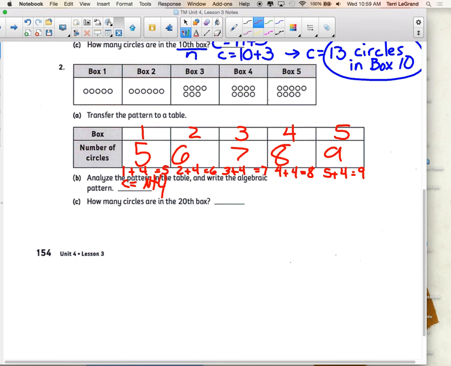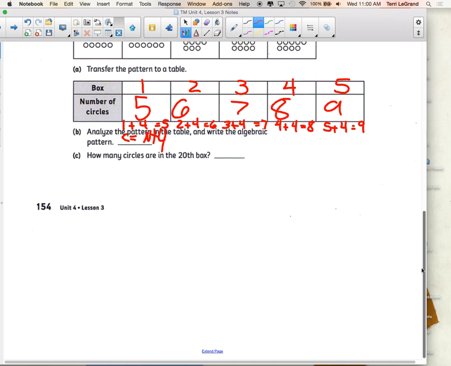Okay, go ahead and find out how many circles would be in the 20th box. You can either choose to draw all the boxes till you get to 20, or you can take a shortcut. You decide. Sammy, you have an answer?